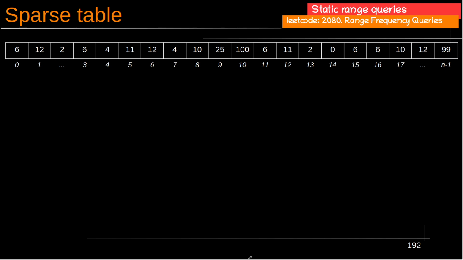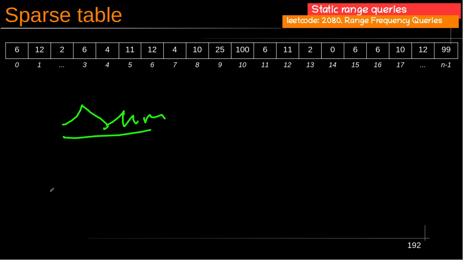Can we use a sparse table here? The answer is no. We can't use the sparse table here because, in this situation, we have to compute the sum of each element.